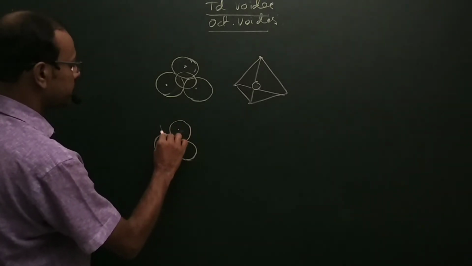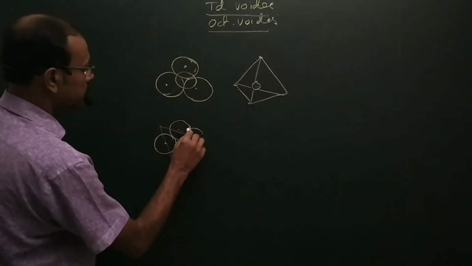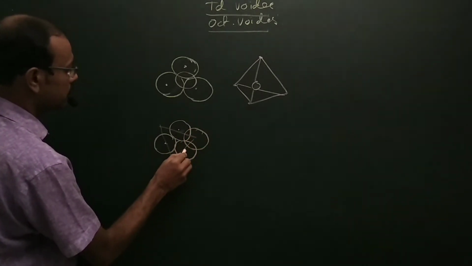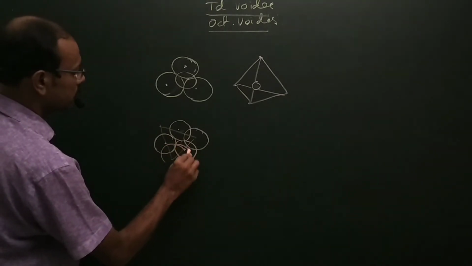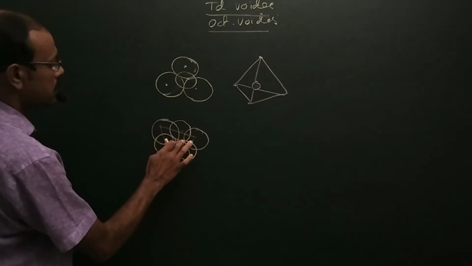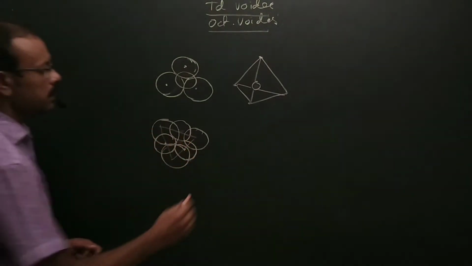The void inside this space is called an octahedral void.